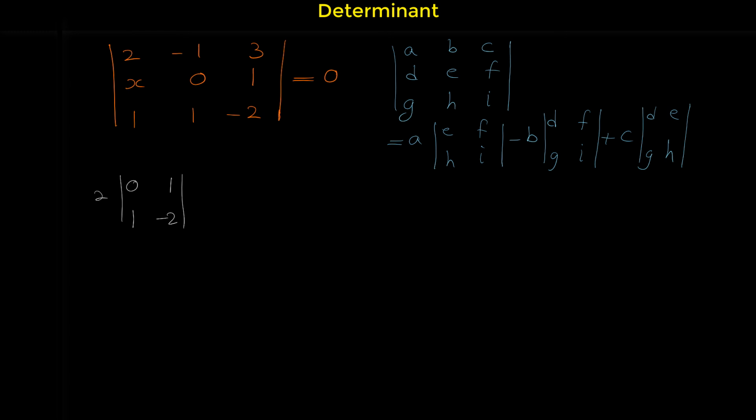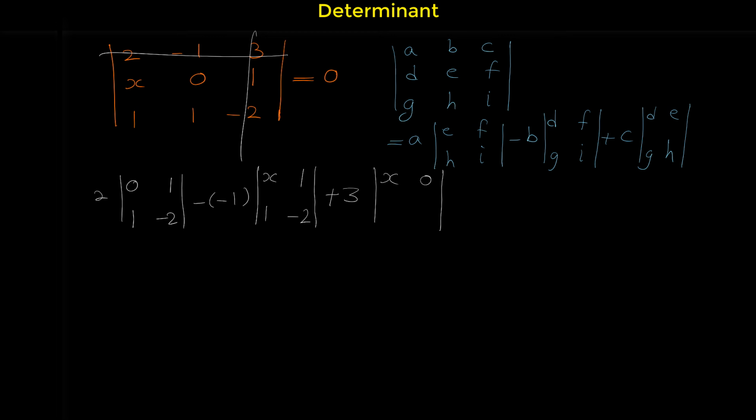Then we go to the next element, minus b, minus negative 1, which you can make positive 1, times the determinant of deleting this row and column: x, 1, 1, negative 2. And finally, plus 3 times the determinant of deleting this row and this column: x, 0, 1, 1. And finally set this equal to 0.